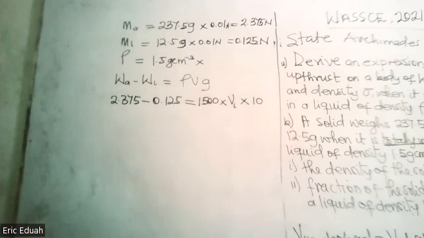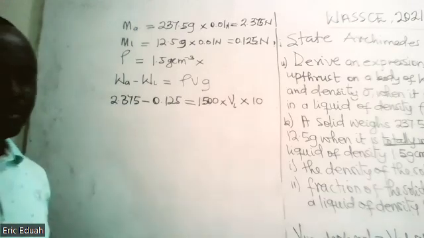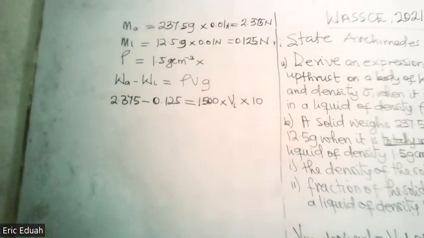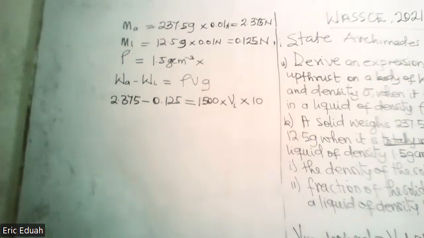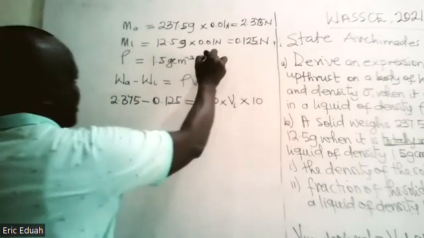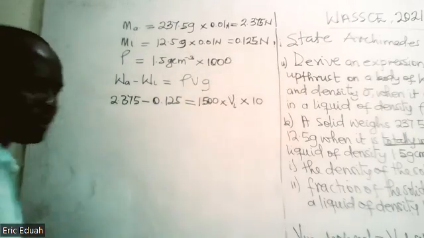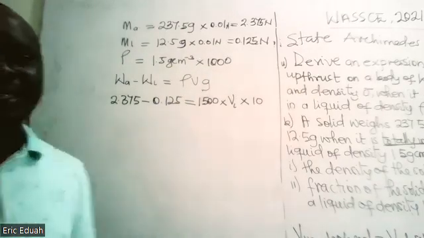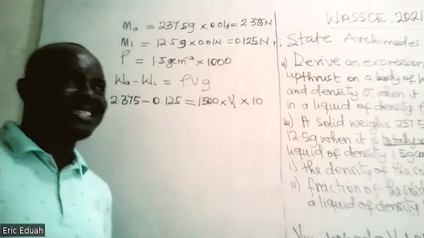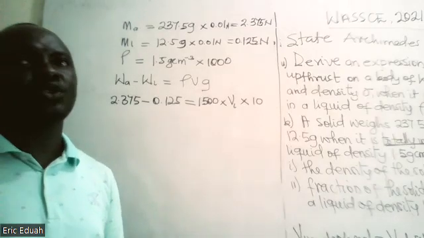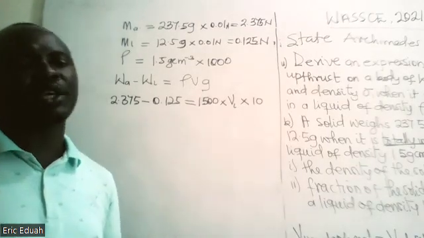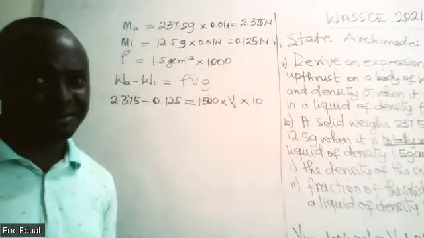The 1.5 gram per centimeter cube, you got 1,500 kilogram per meter cube, right? Yes. But how can you go to 1,500? If you have density in gram per centimeter cube and you want to convert it to kilogram per meter cube, just multiply by 1,000.